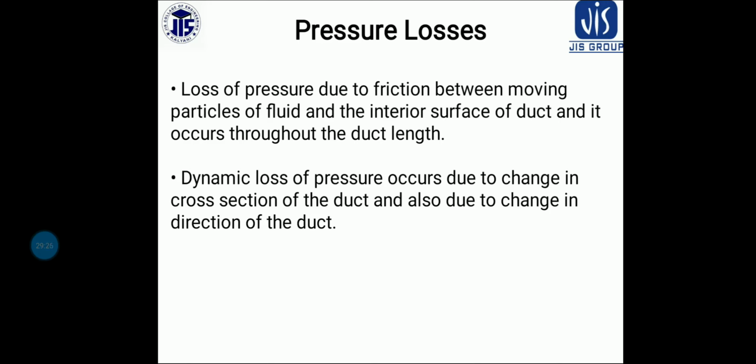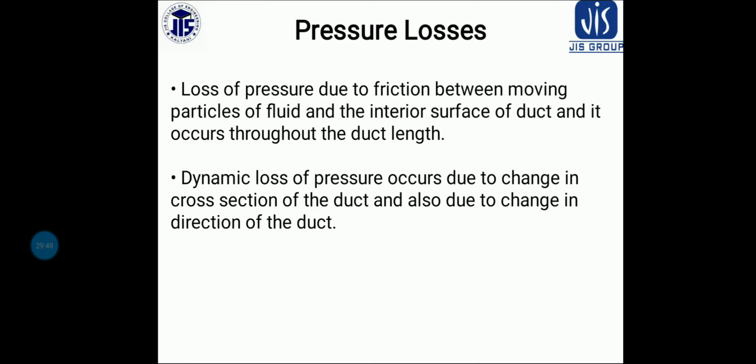So aspect ratio means what? Aspect ratio means the long side to the short side of the duct, and we are considering the rectangular duct, but it should be the square one.